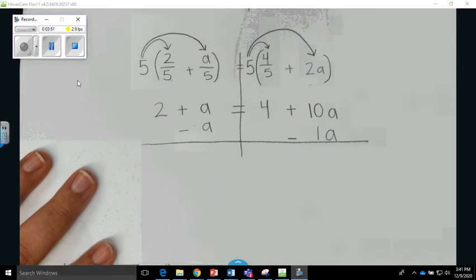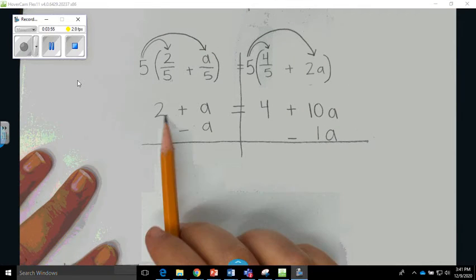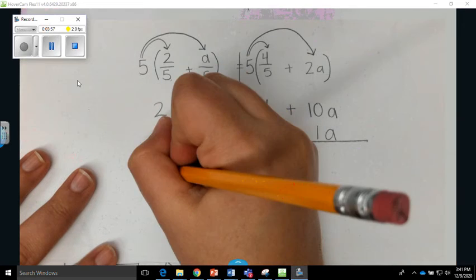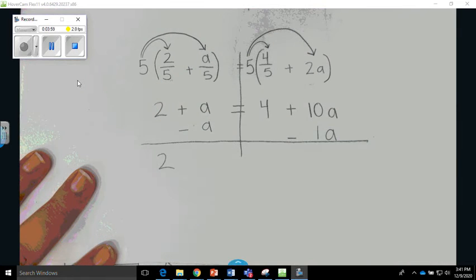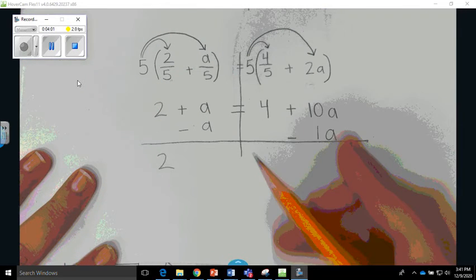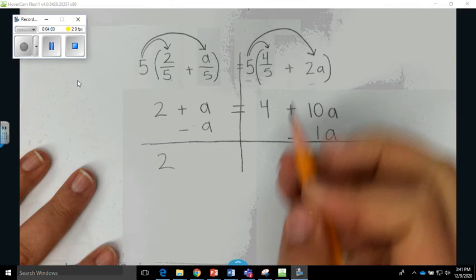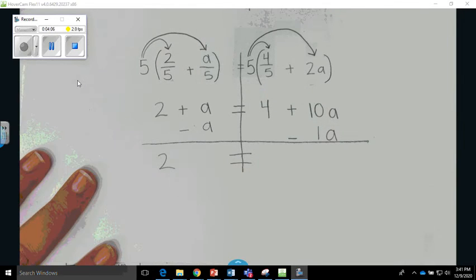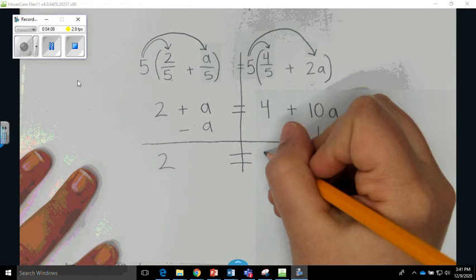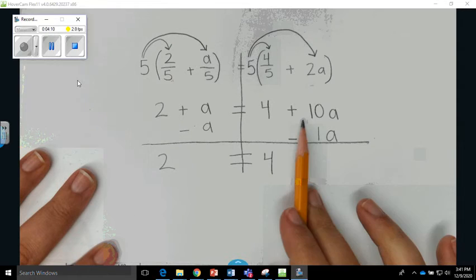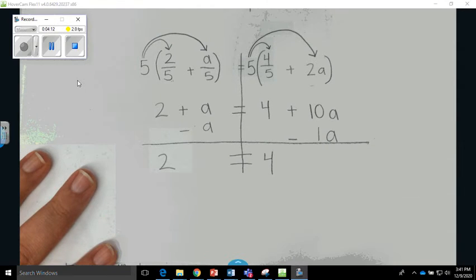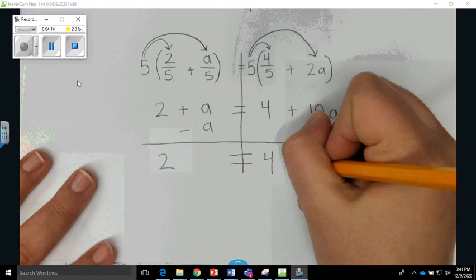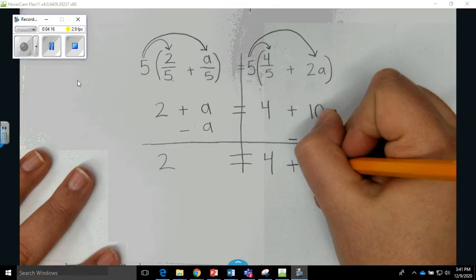So I'm just going to put a 1 to help me remember that. Okay, let's bring down our 2. A minus a is nothing, so we're just going to leave it blank. Equals, bring down our 4. What is 10a minus 1a? 9a, and it's positive, so it will be plus 9a.